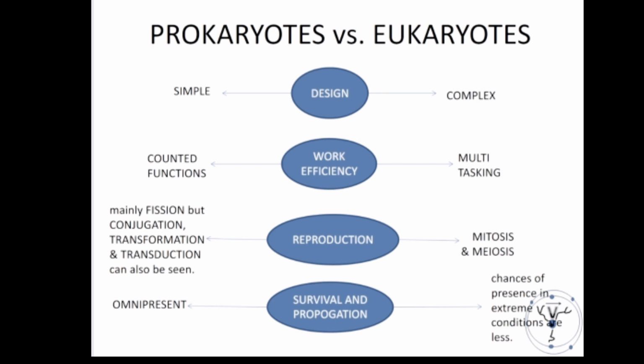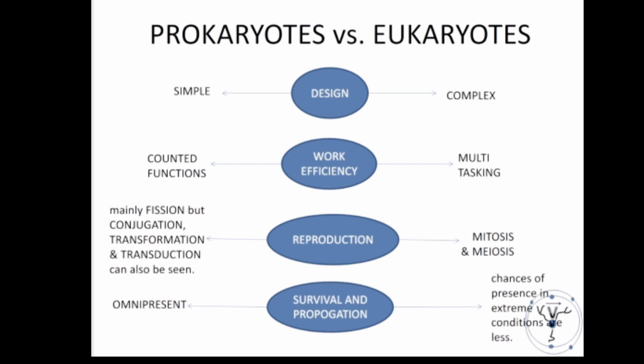While in the case of eukaryotic models, two basic cellular divisions are observed to continue the process of reproduction, that is mitosis, or the equational division, and meiosis, or the reductional division.